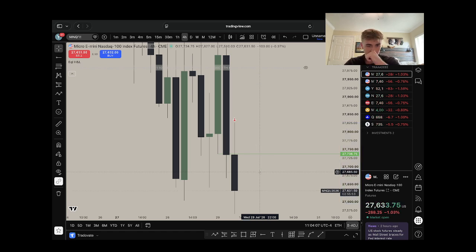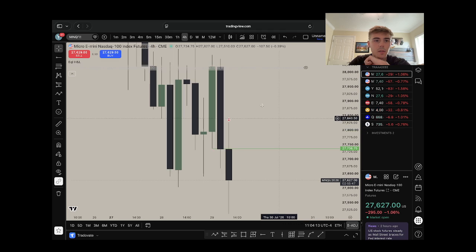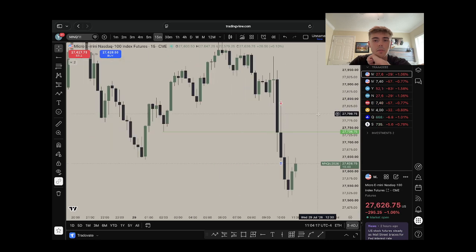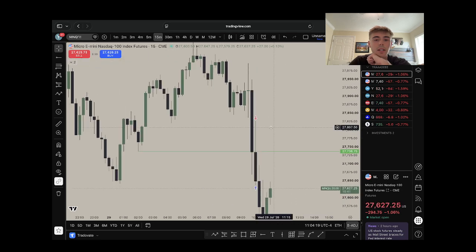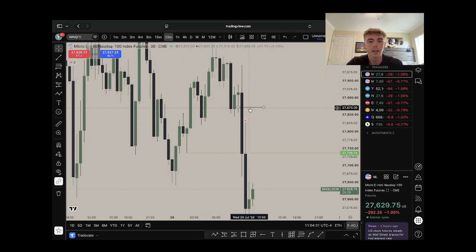So after seeing that we had a bearish bias, I originally went down to the 15-minute time frame just to see where we could possibly manipulate into, what PD array was closest to us. What I originally marked out was this 15-minute order block. We also had a 30-minute order block, which was closer.